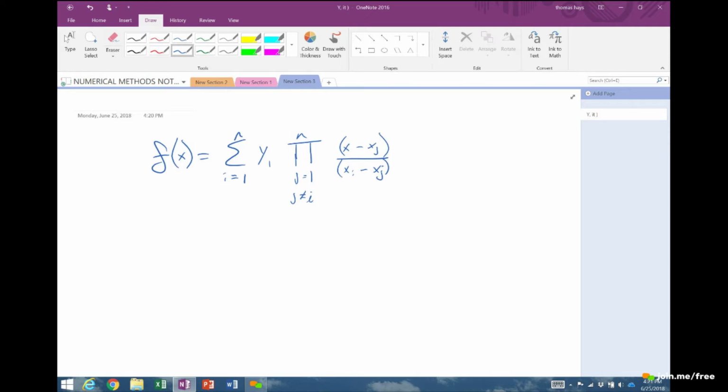All right. So to expand this out, we have f of x equals the summation from i equals 1 to n of y sub i. So this would be y1.